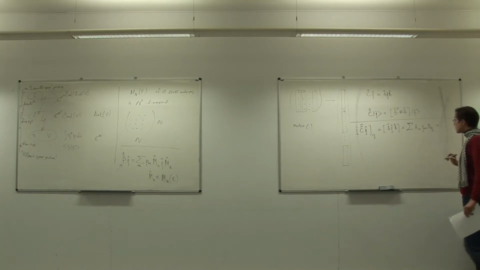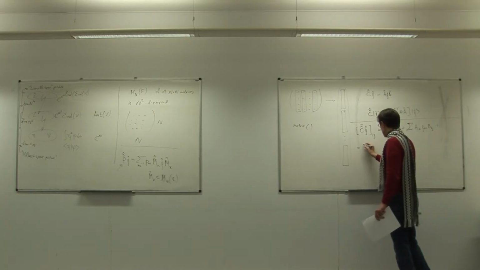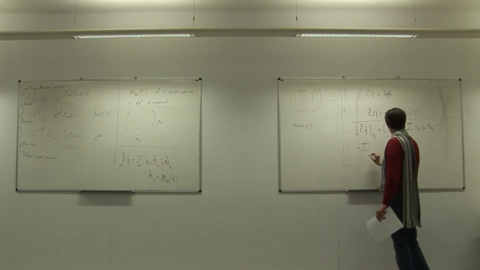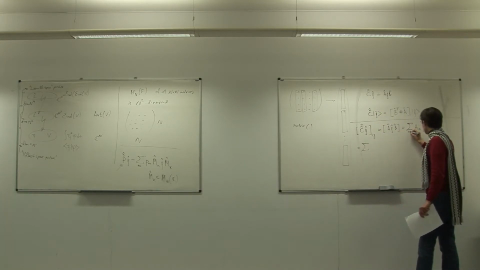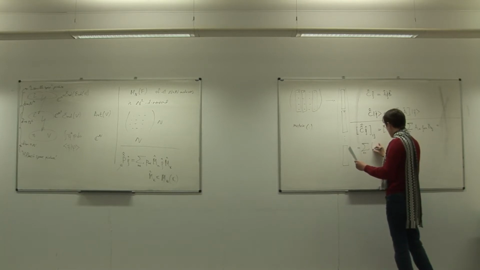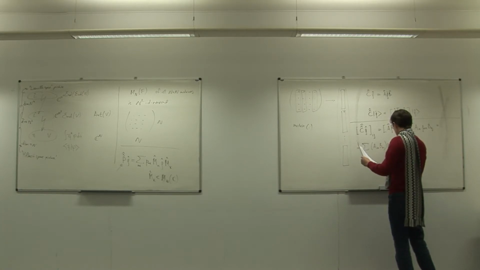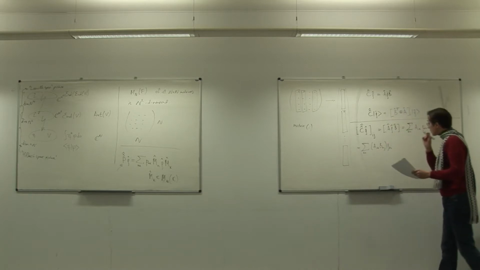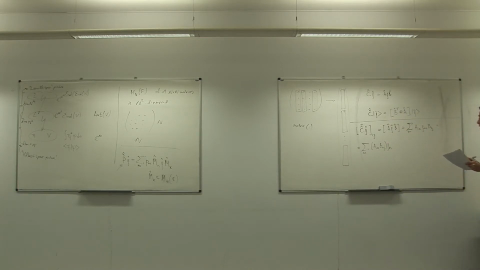Because this is a sum, we can collect the individual numbers in each term, so there is a sum over k n, in brackets A i k, B n j, then rho k n. Okay, so this is still matrix notation.